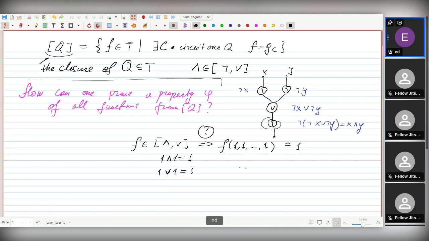Look, if we have some circuit and we give it all unities, and here we have conjunctions and disjunctions somewhere, then we will obtain unity everywhere. Isn't it logical?